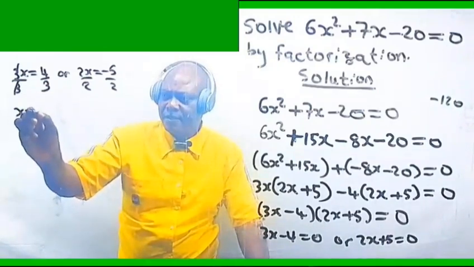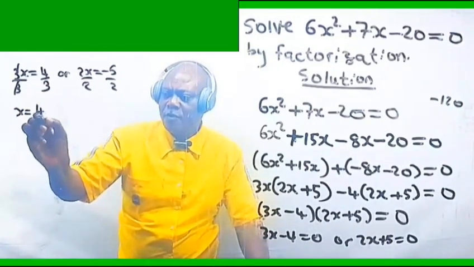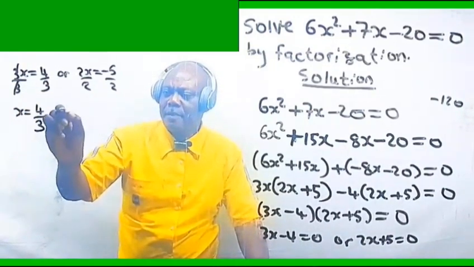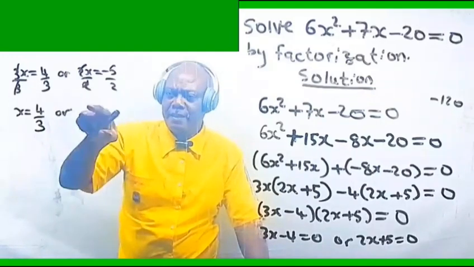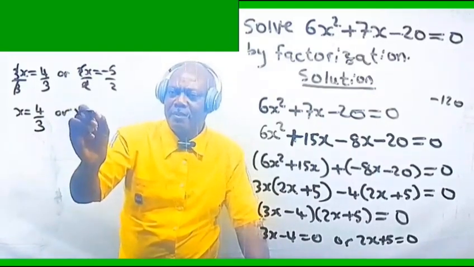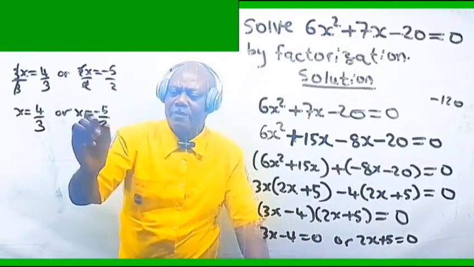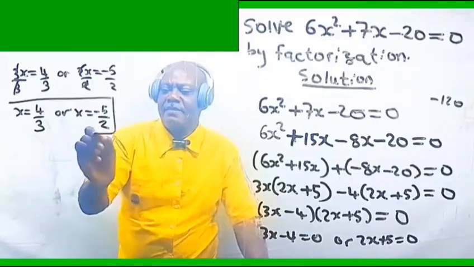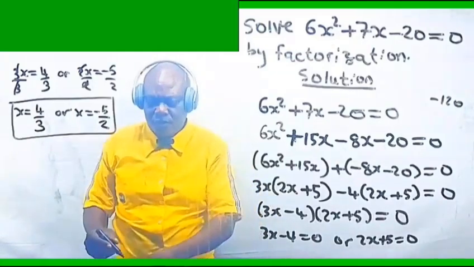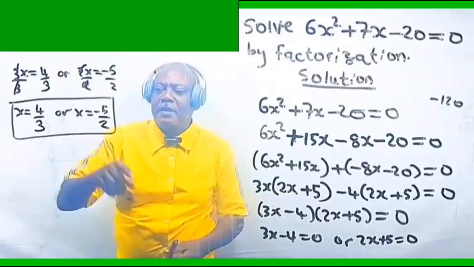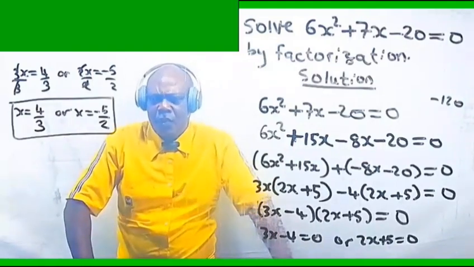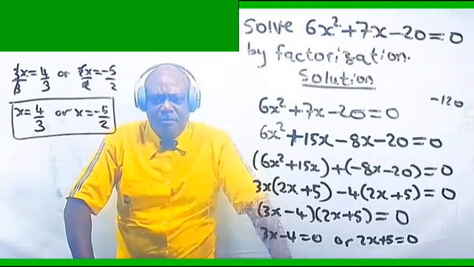So x equals 4 over 3, or from here, x will be equal to minus 5 over 2. And that's the final answer. So the solution to this equation is x is either 4 over 3 or x is equal to minus 5 over 2.